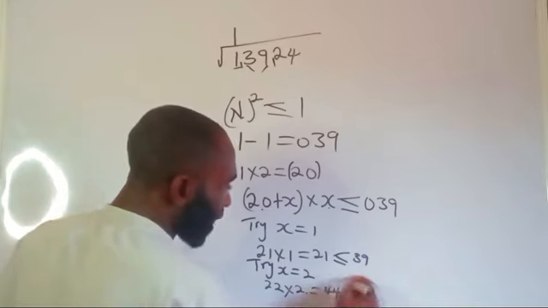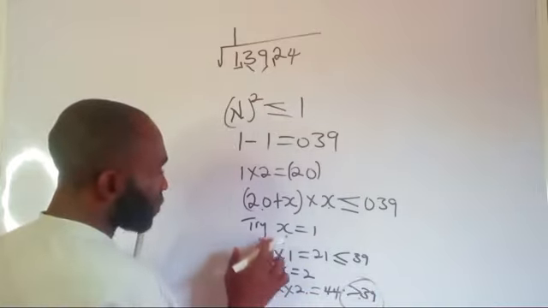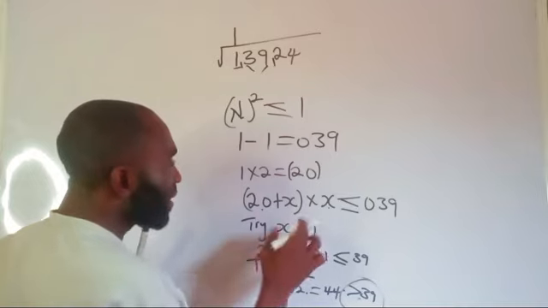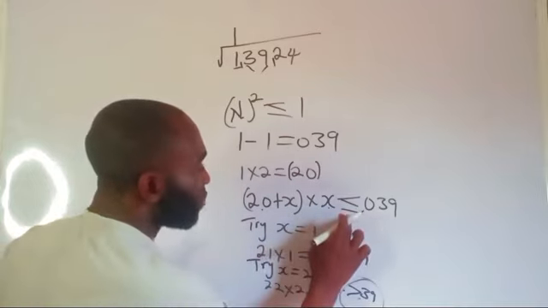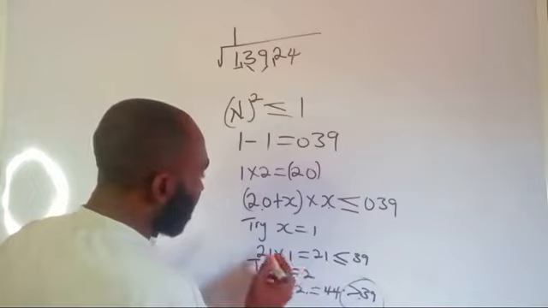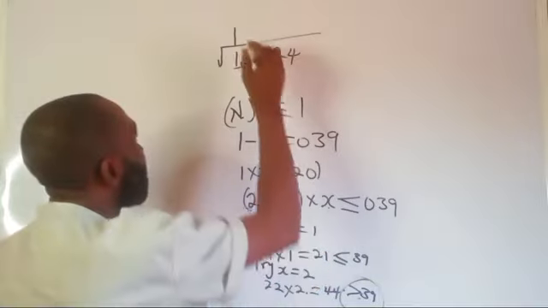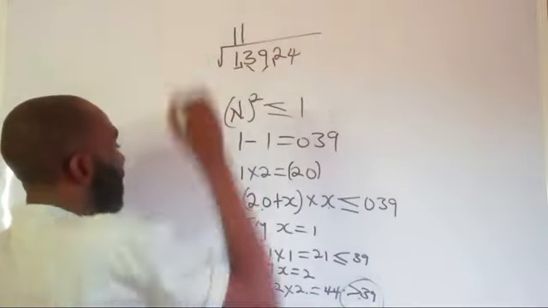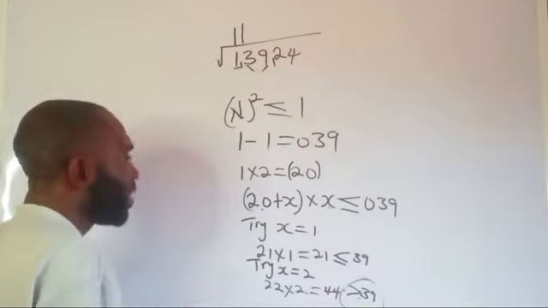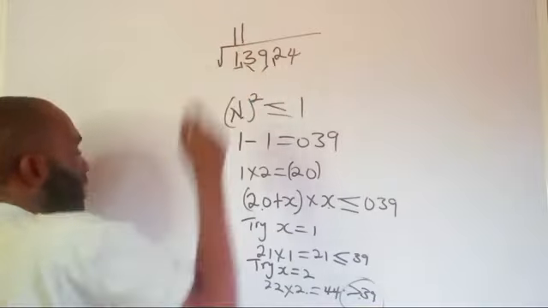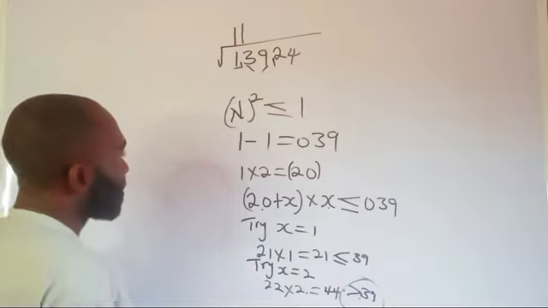So this is out. It is only 1 that satisfies the condition. So since 1 has satisfied the condition, we'll write it as our second answer. So now we have 1, 1 as our second answer.